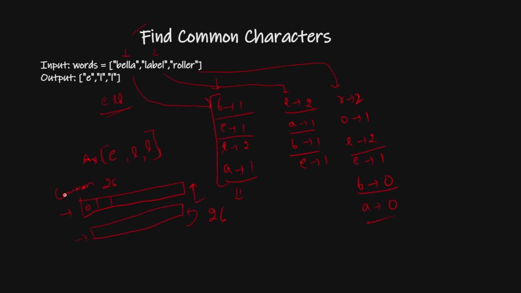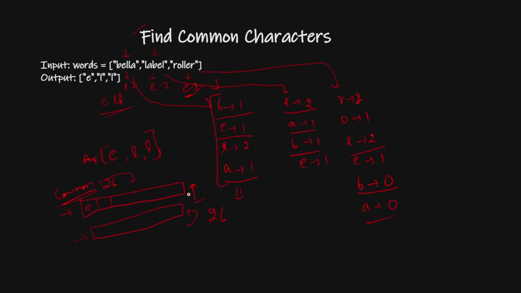The common will be the minimum of all character counts. So if E is present 2 times here and 2 times here, but here E is present 1 time, then I will add only E one time. If it is 2 everywhere, then I have to add 2.